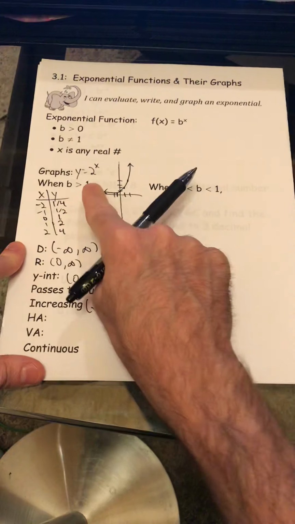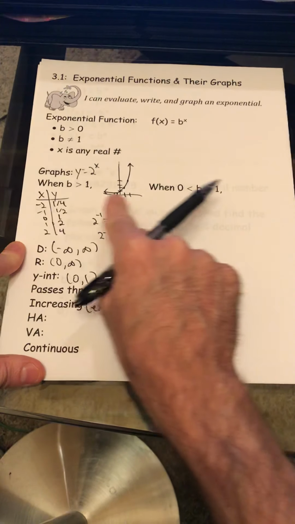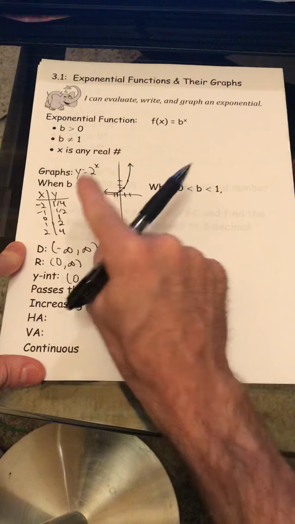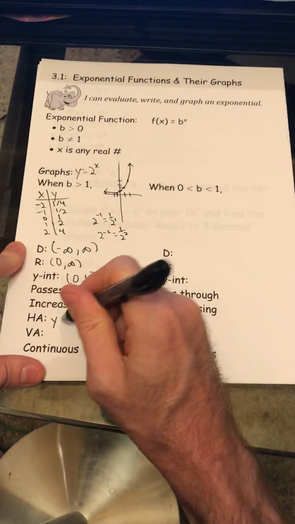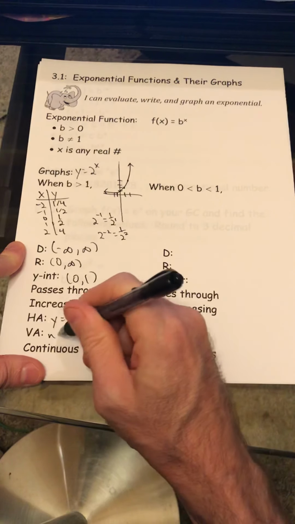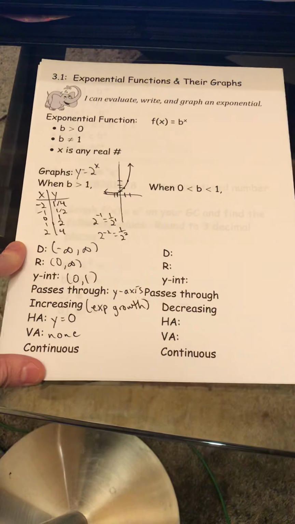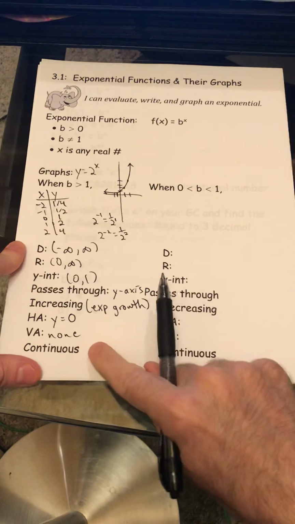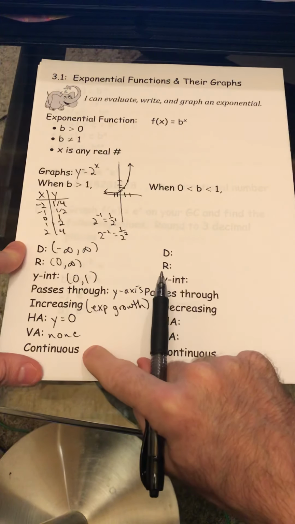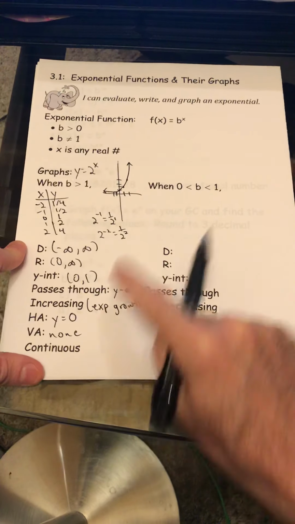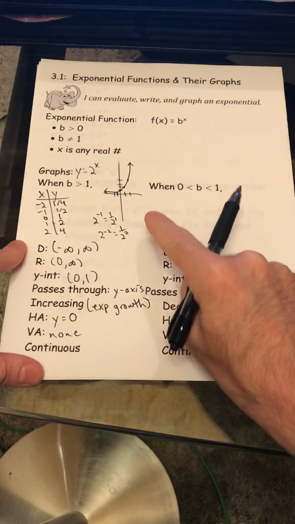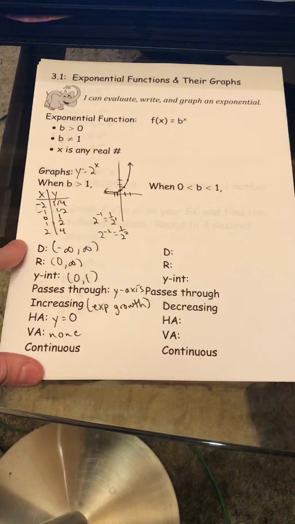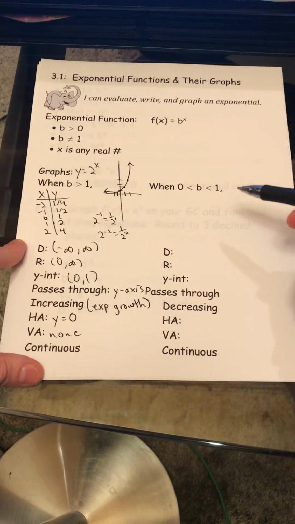Horizontal asymptote, as I said, it is the x-axis, so that makes it y = 0. There is no vertical asymptote. And then it is what we call a continuous graph. If you think back, some of what we looked at in chapter 2, those rational functions, those were non-continuous graphs.